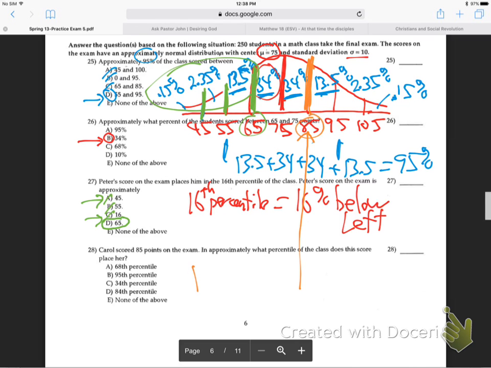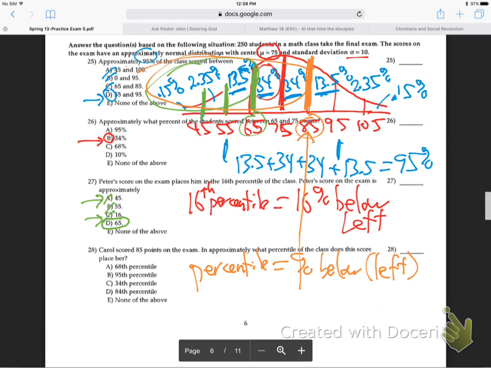So what's her percentile? It's percent below, or left. That's what percentile means. So what percent is below Carol? Well, all of these. All of those are below Carol, because she's above average. So you add them all up.